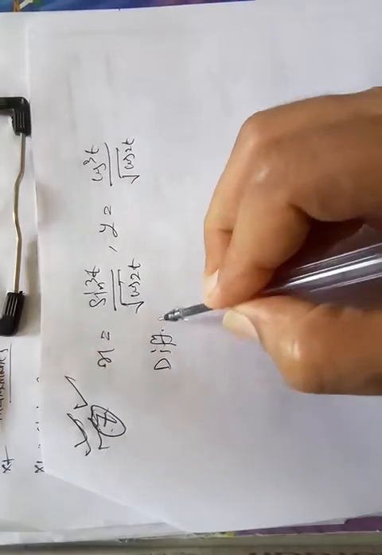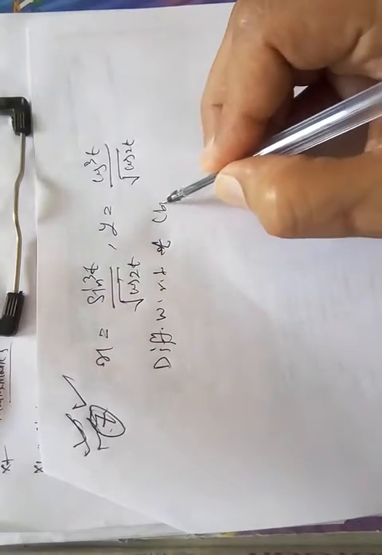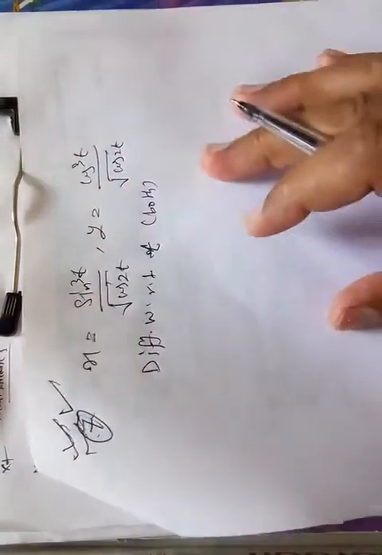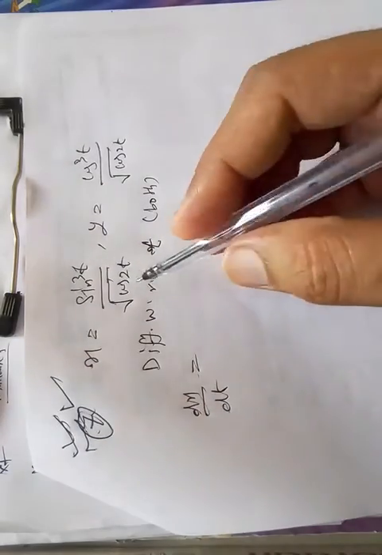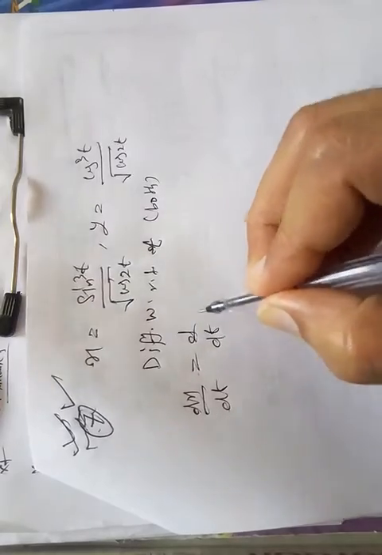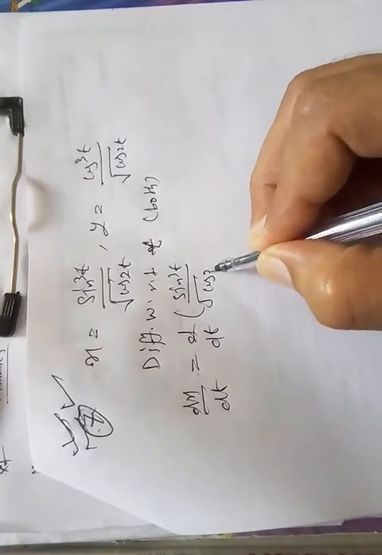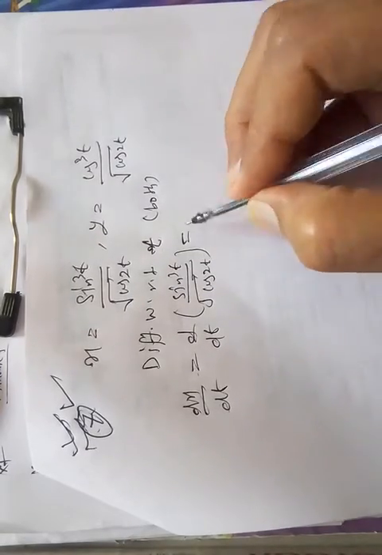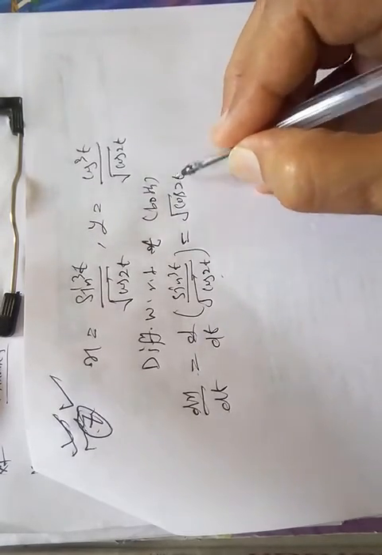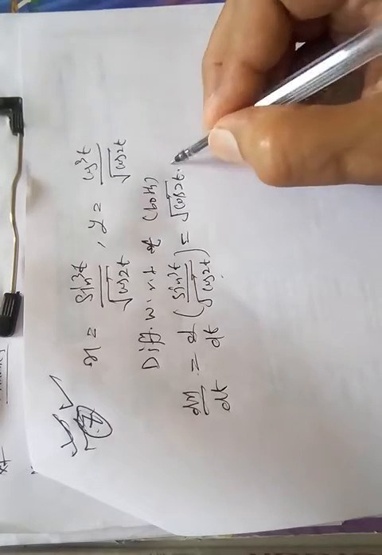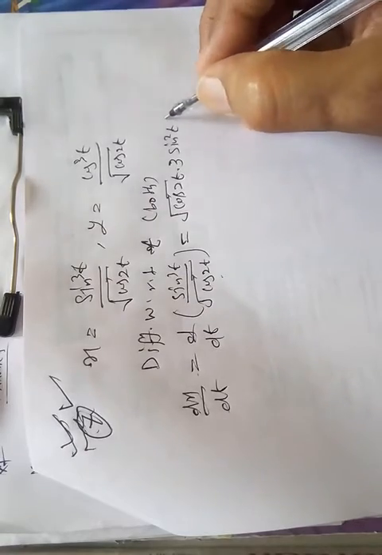Differentiate both with respect to t. Find dx/dt by the division method, for sin cube t upon under root cos 2t.